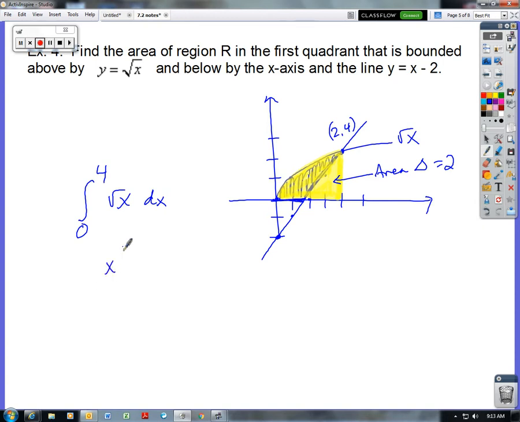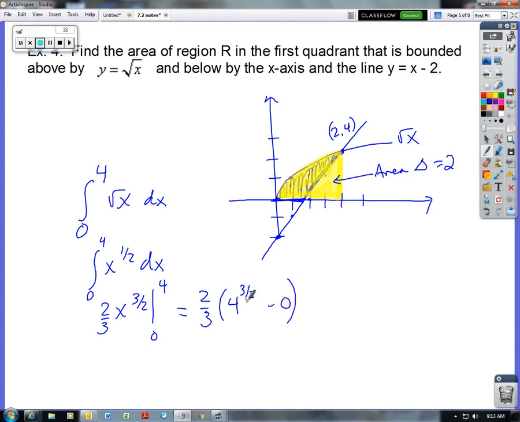So if we do that, that's x to the 1/2. So if we add 1, that's x to the 3/2 times 2/3 from 0 to 4. That's 2/3 times 4 to the 3/2 minus 0. 4 to the 3/2 is the square root of 4, which is 2, cubed is 8.